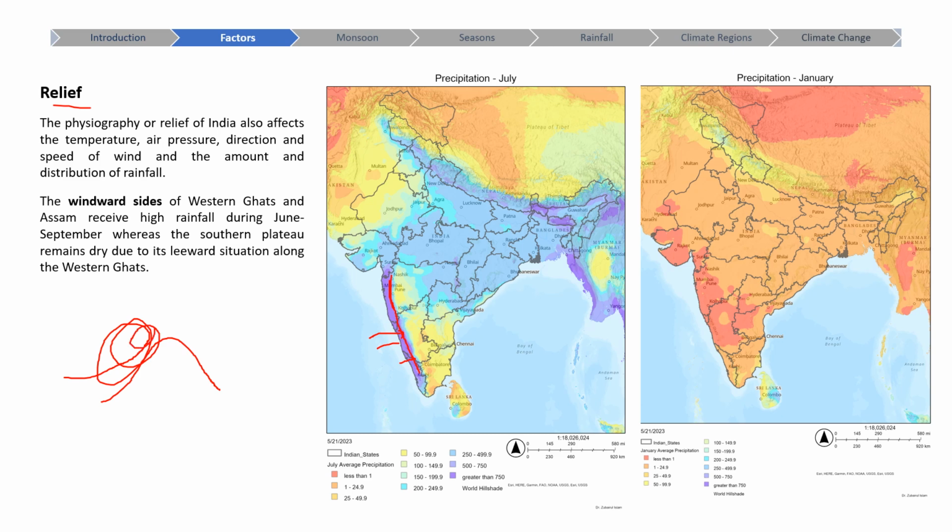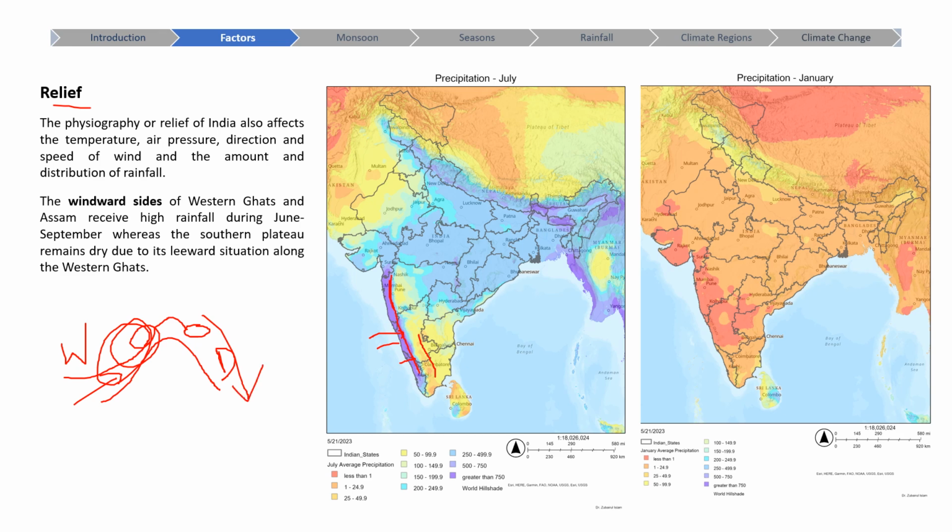On the other hand, the winds that come over will be dry, and this area will be dry. So this area is dry because of this relief feature. This is the windward side, and here this is the leeward side.